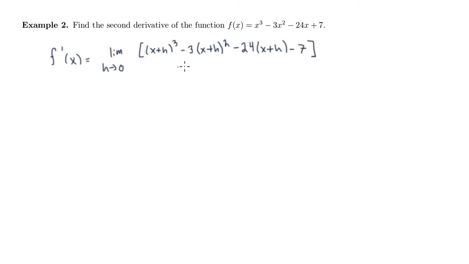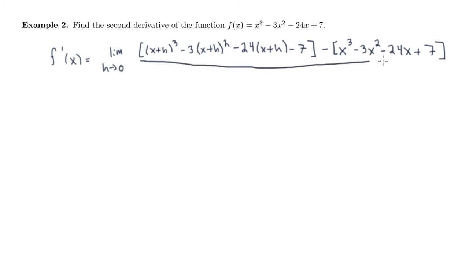Okay, so that's f of x plus h minus x cubed minus 3x squared minus 24x plus 7, all over h.